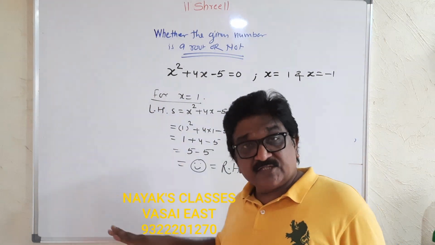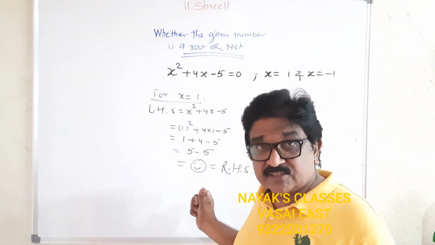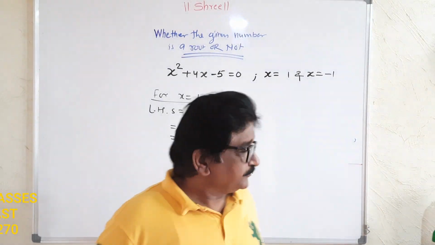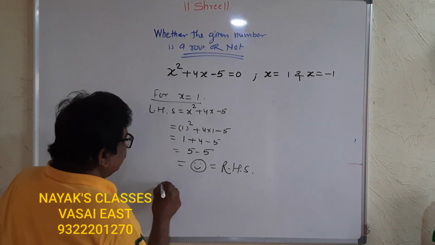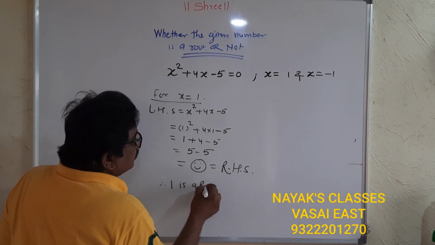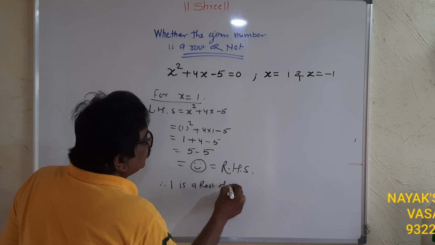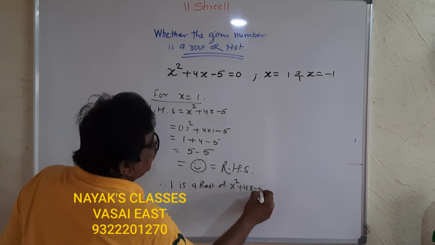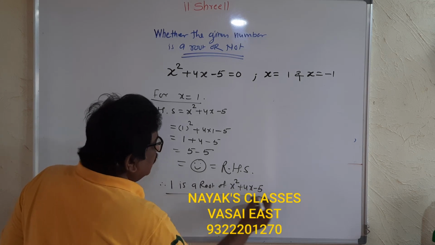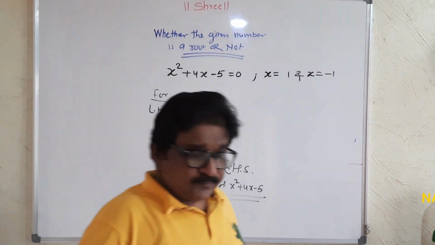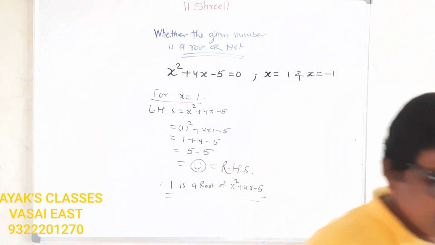We started from LHS and ended with RHS. Therefore, 1 is a root of x square plus 4x minus 5. LHS is equal to RHS.